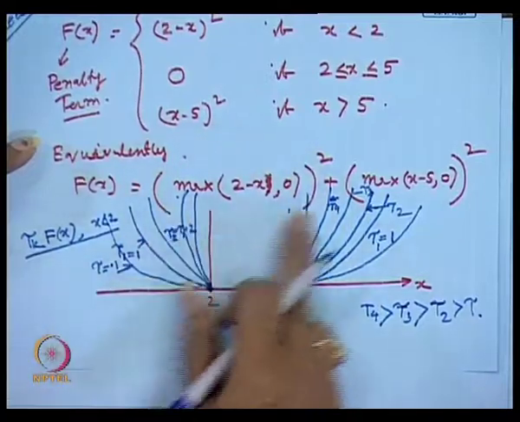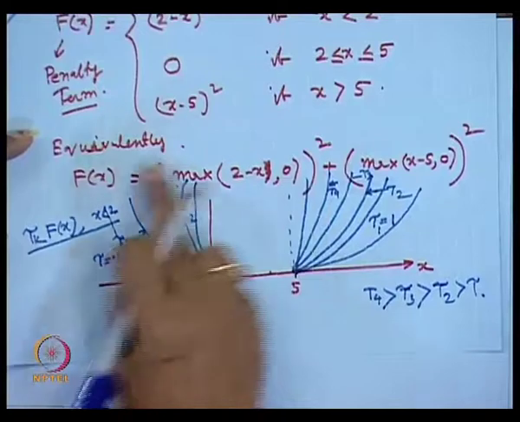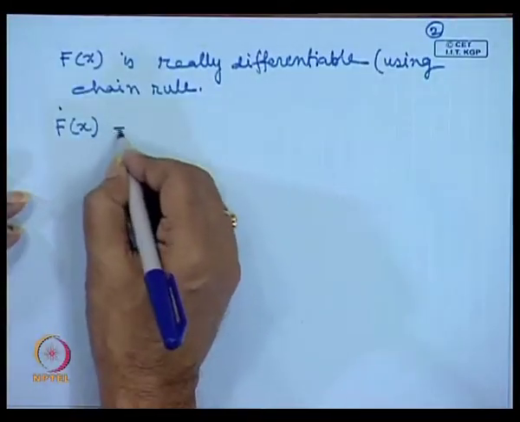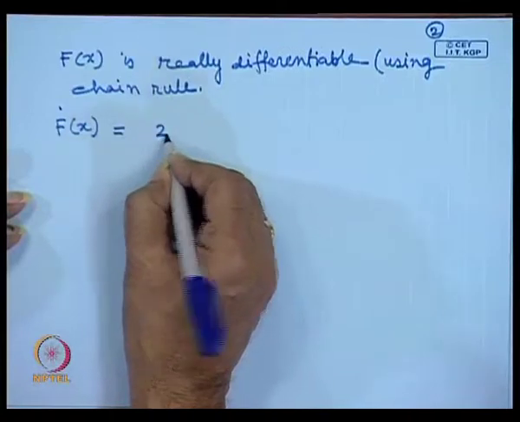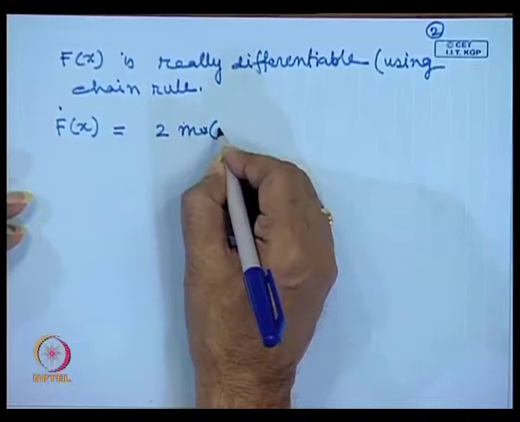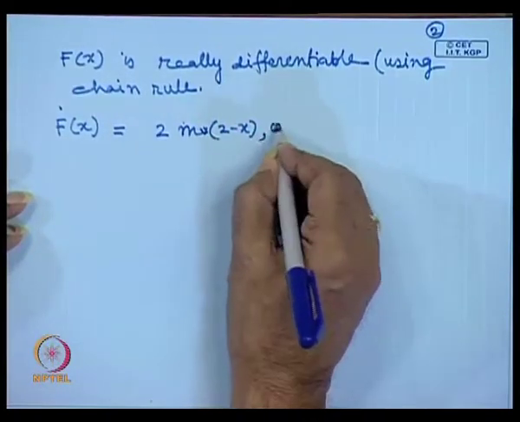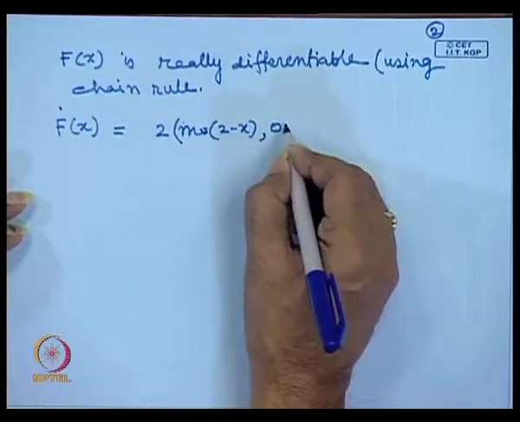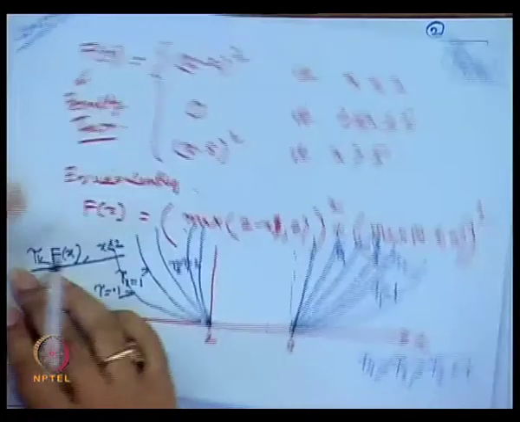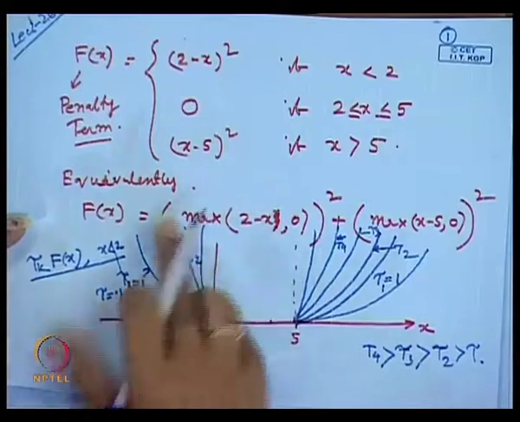Twice this will come, then the differentiation of max of 2 minus x, 0, and the differentiation of minus x, this is a square, the differentiation of minus x is minus 1.